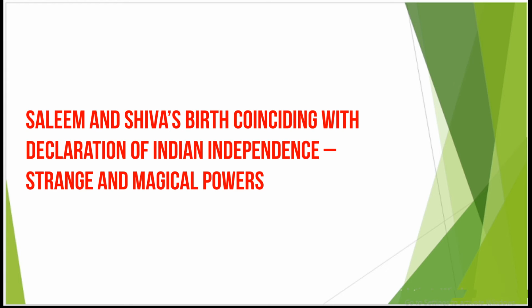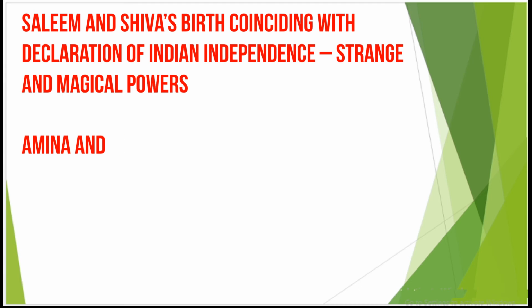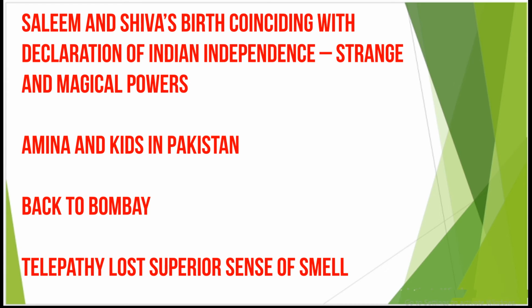For the first time in his life, he starts hearing voices in his head. And that is when he gets the realization that he has the power of telepathy. He has the ability to enter into other people's thoughts.